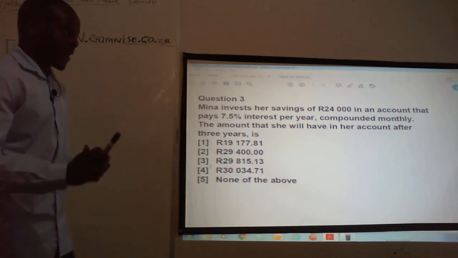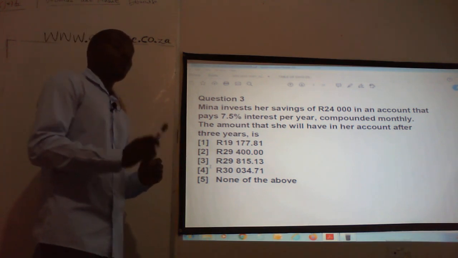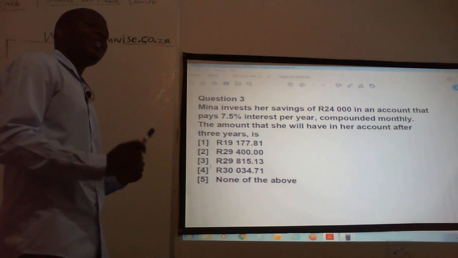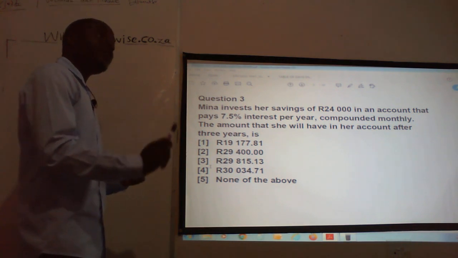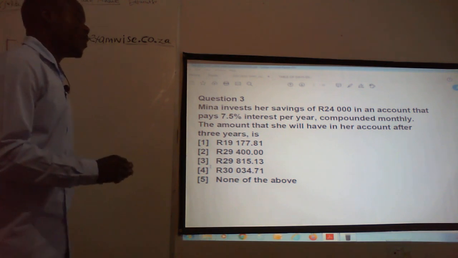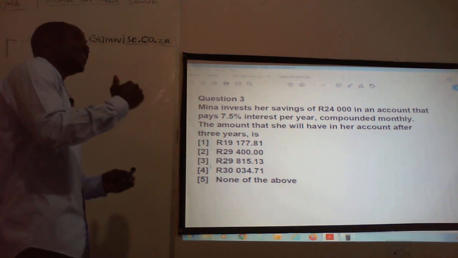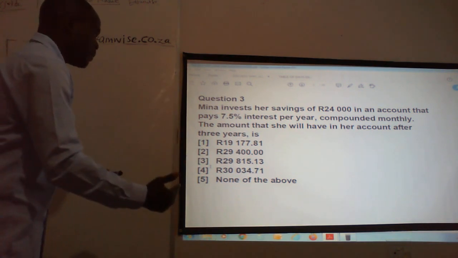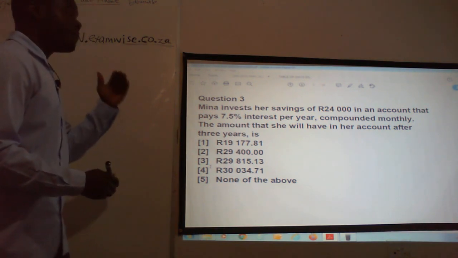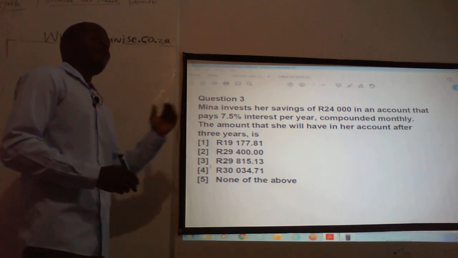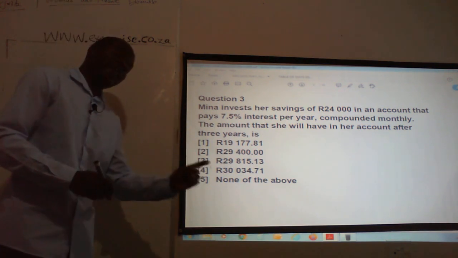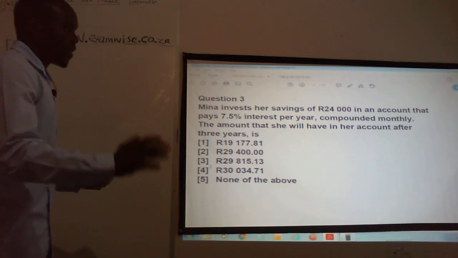The missing variable, or the variable which we are required to calculate, I normally call it the 50 variable. So with our financial calculators, we must enter 4 variables into our calculator so that we can determine the missing 50 variable.